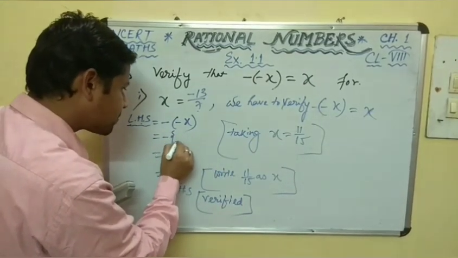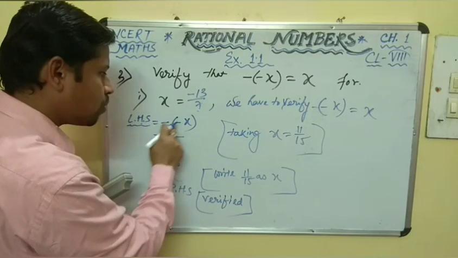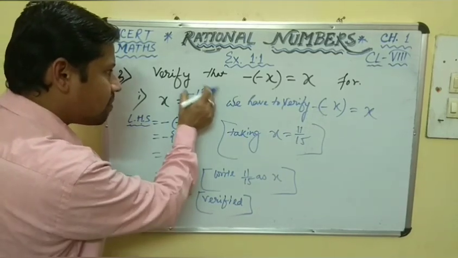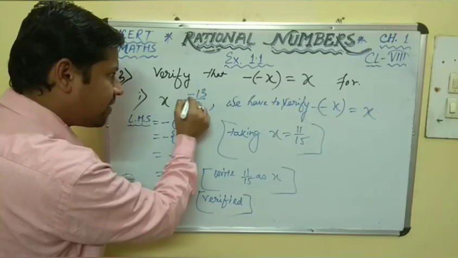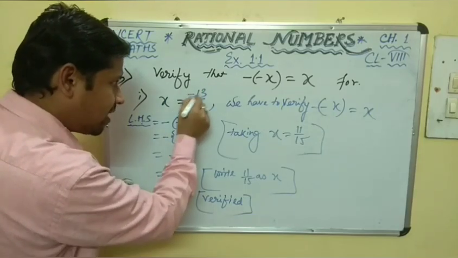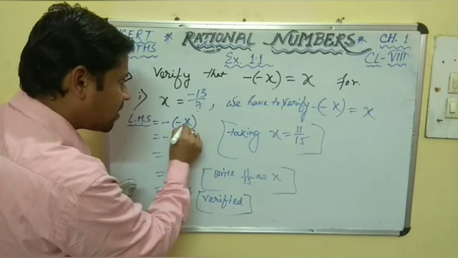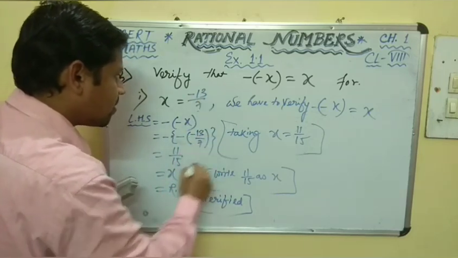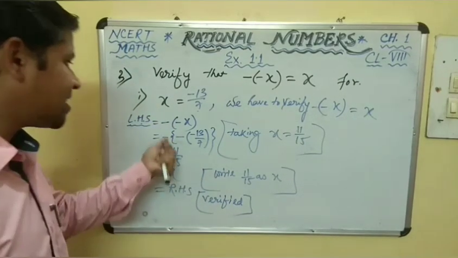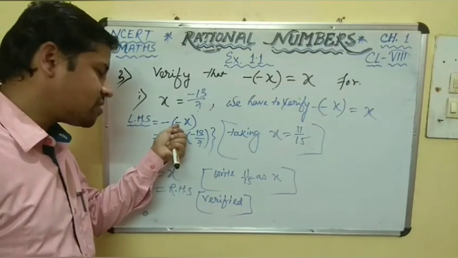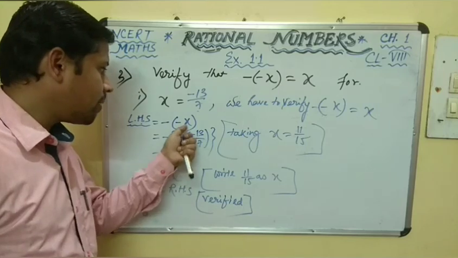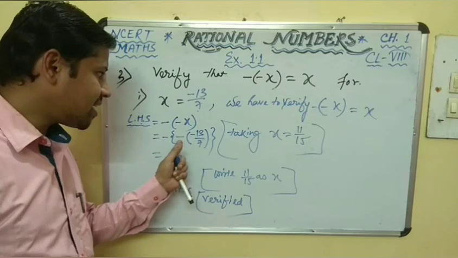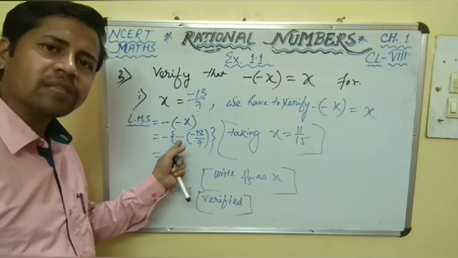Minus of minus, both the minuses were there, so I have written them. But the value of x already has a minus in it, so in the first bracket I write x as minus 13 by 7. Be careful about this: minus is there and already a minus. So x is minus 13 by 7, so I have written minus 1. Both the minuses are there, and at the same time we cannot write both signs.